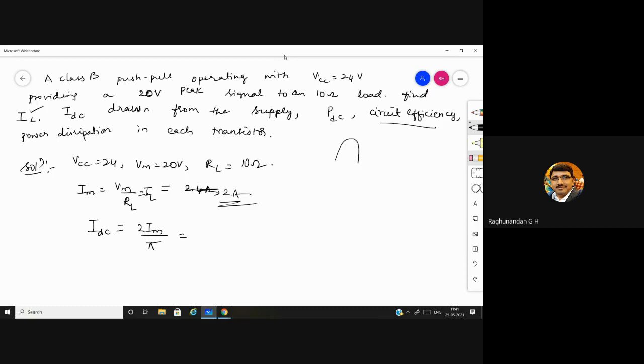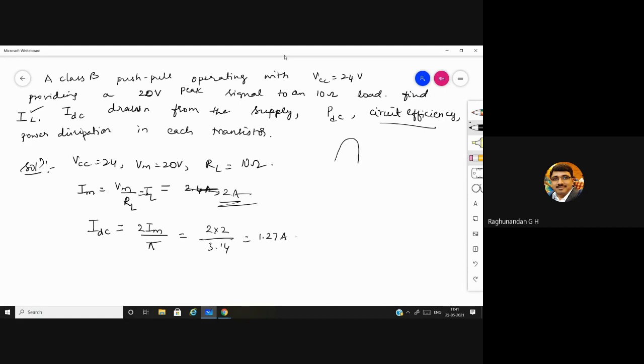So that is equal to, just substitute the values, Im whatever you have got: 2 into 2 by 3.14, that is 1.27. Okay.